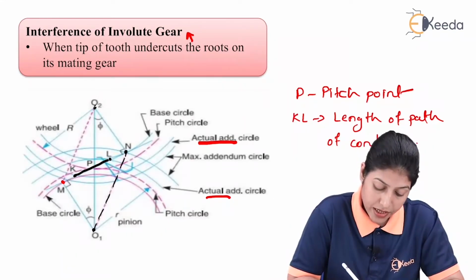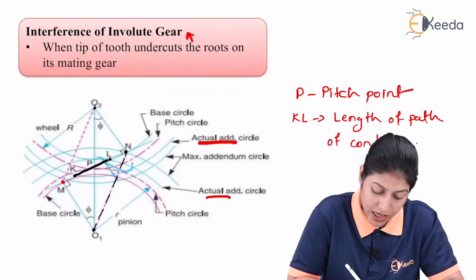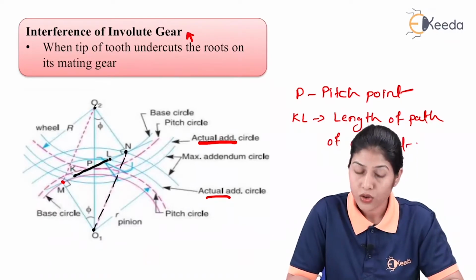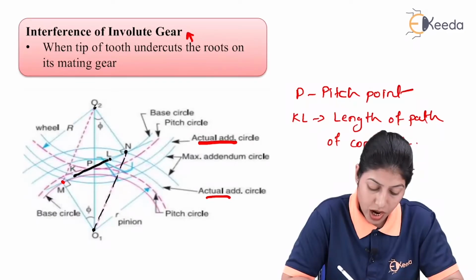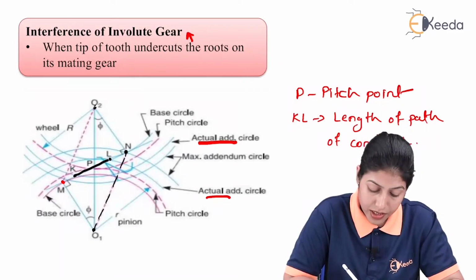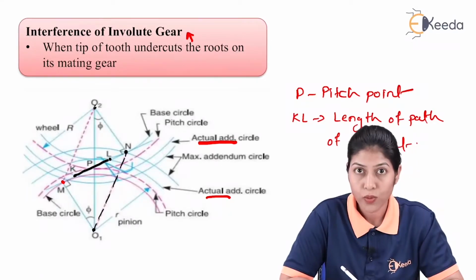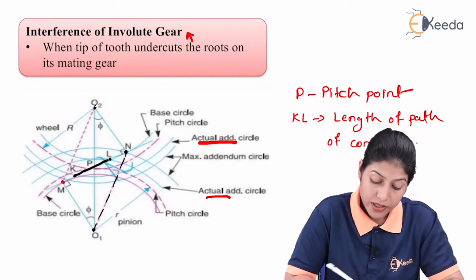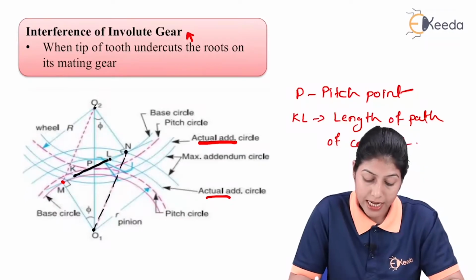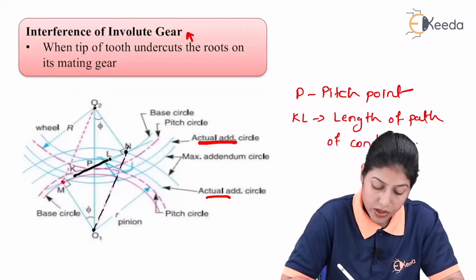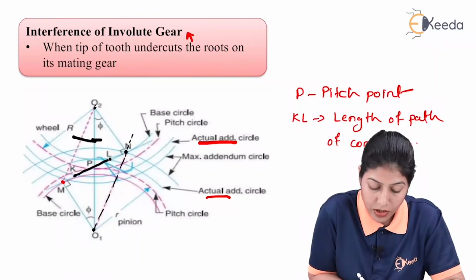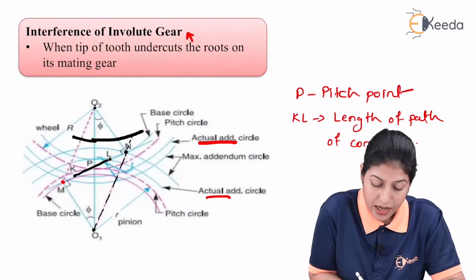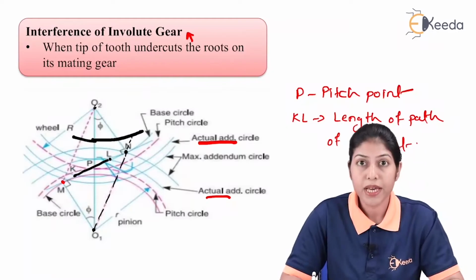Now at the base circle we will consider the actual profile of the tooth. So the outer end of the pinion is just touching this base circle of the wheel. Now if we are further increasing this radius, in that case it will cross the limit after the base circle.